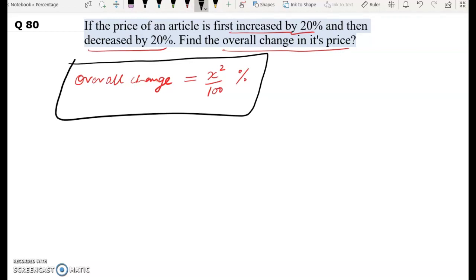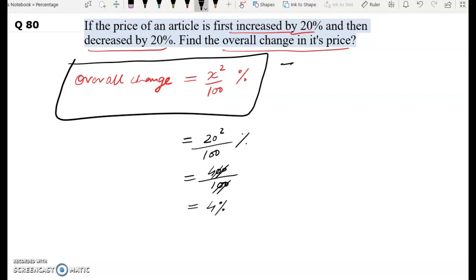Now in this question, the article was increased by 20% and then decreased by 20%. So overall change will be, our X is 20. So 20 square divided by 100%, is equal to 20 square, we know it's 400 by 100, 0 will cancel out, so overall change will be 4%.